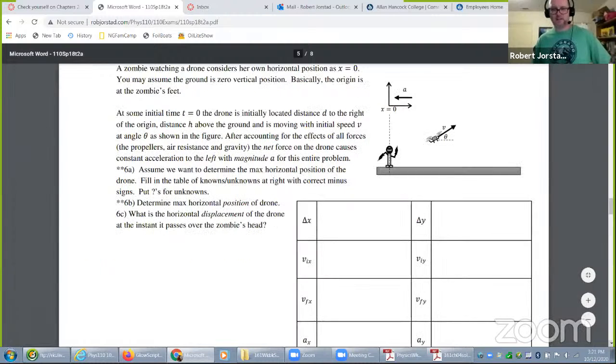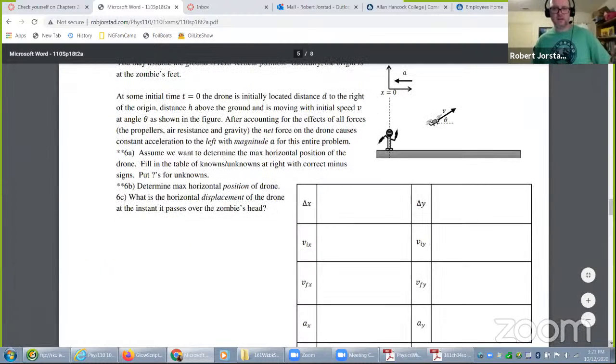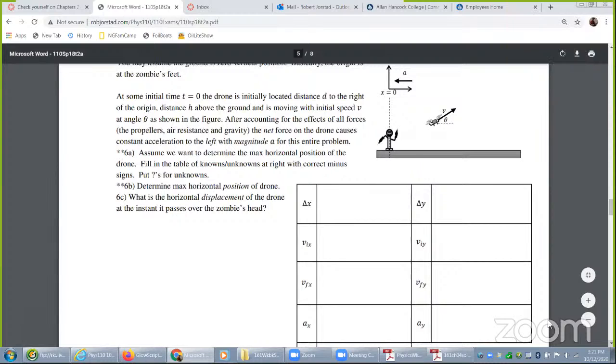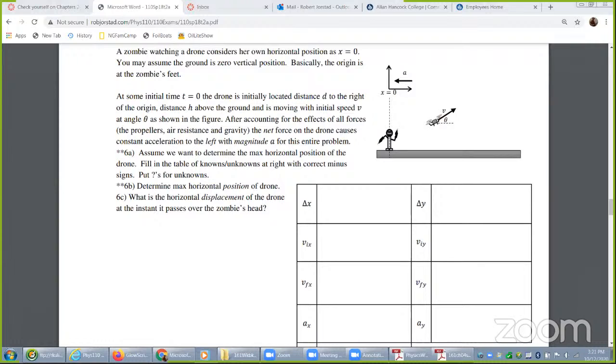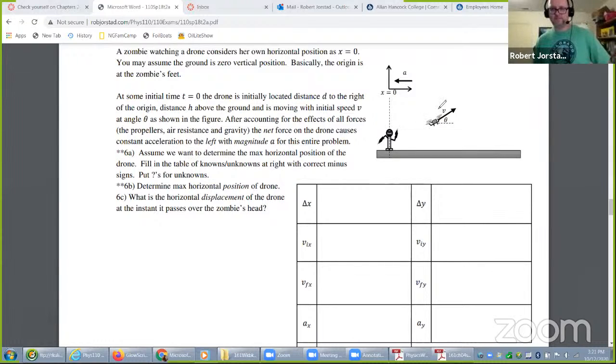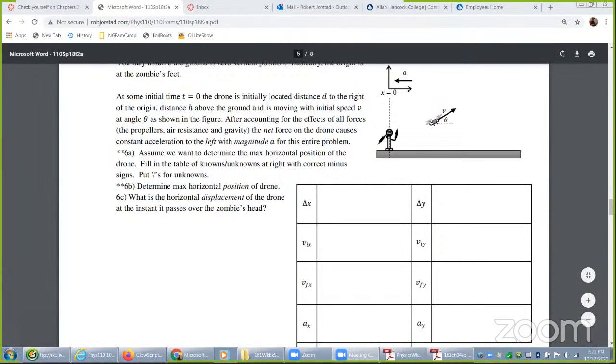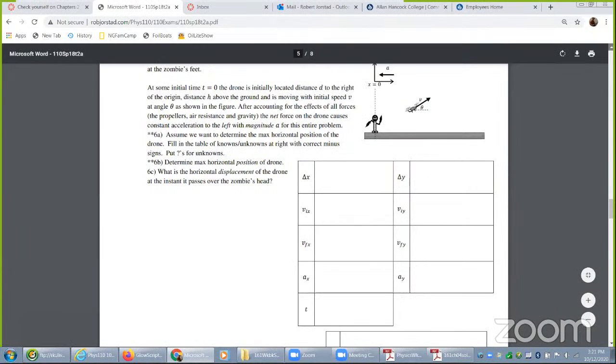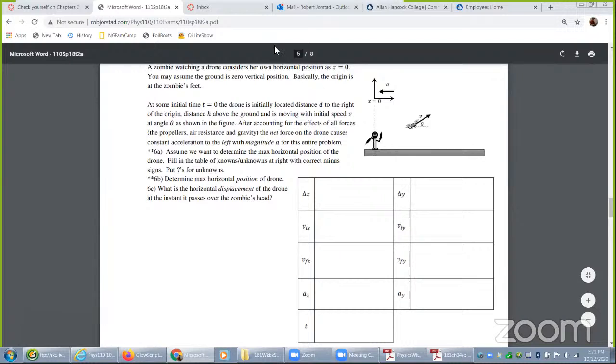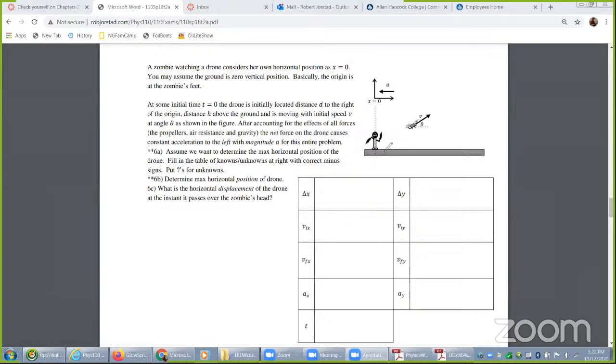Okay, so what are some knowns and unknowns here? Well, we know the acceleration in the y is 0, so v initial y equals v final y.